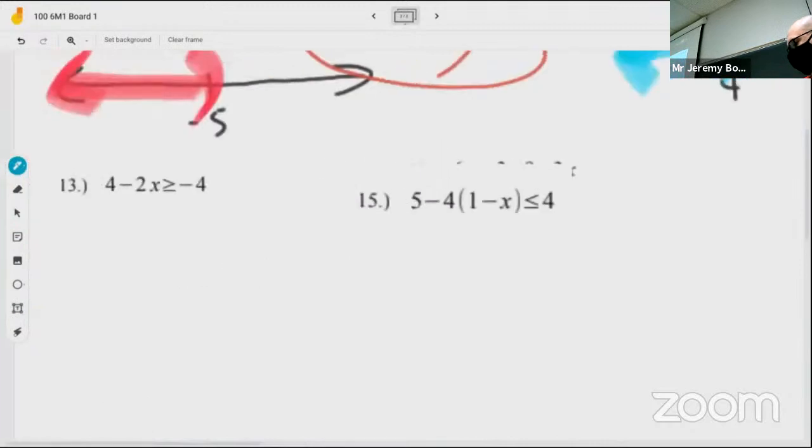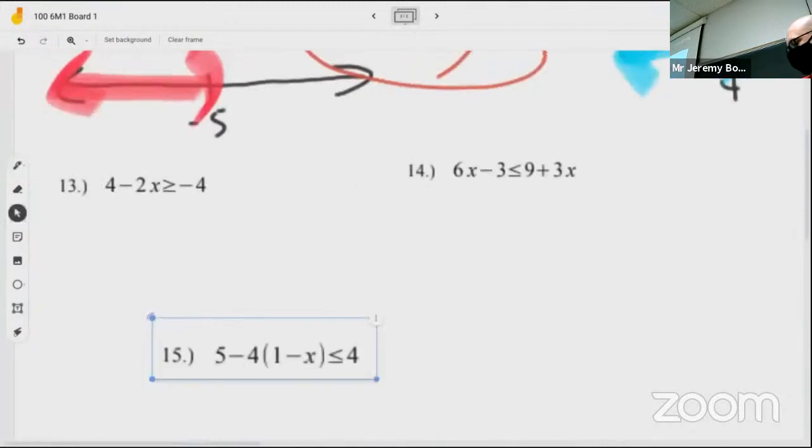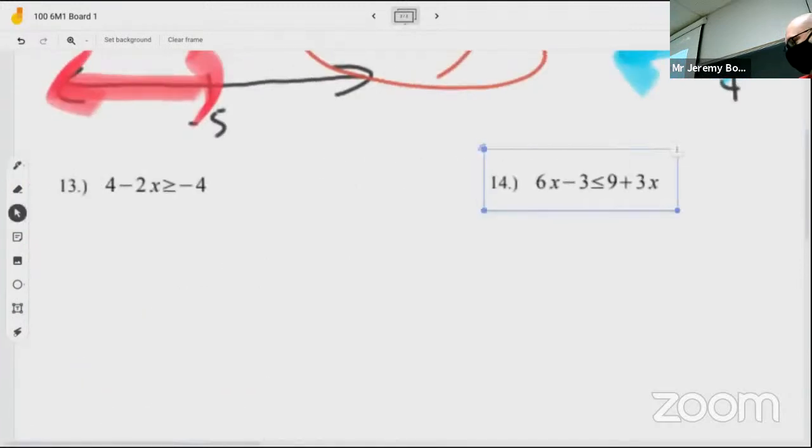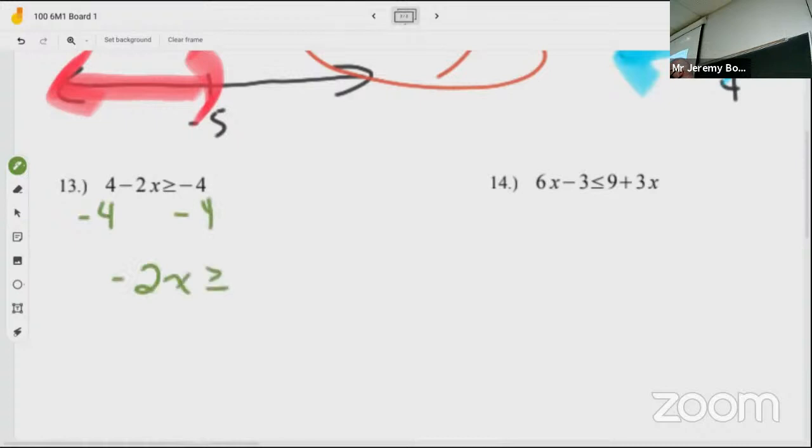All right. Let's look at 13. This one's a bit more involved. We got 4 minus 2x is greater than or equal to -4. So once again, I want to get that x term by itself. It's on the left-hand side right now, but there is a constant of 4 hanging out with it. So let's subtract 4 from both sides here, and we'll have -2x is greater than or equal to -8.